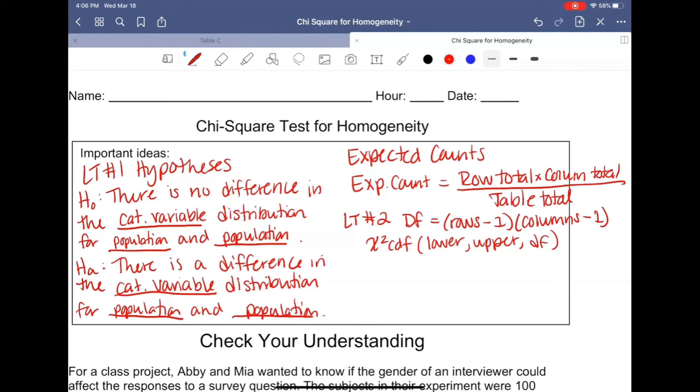I do want to point out one important part, though, which is how to tell the difference. This will be our fourth learning target, the difference between the types of chi-square tests. So far we have chi-squared goodness of fit, and this is one sample and one variable.